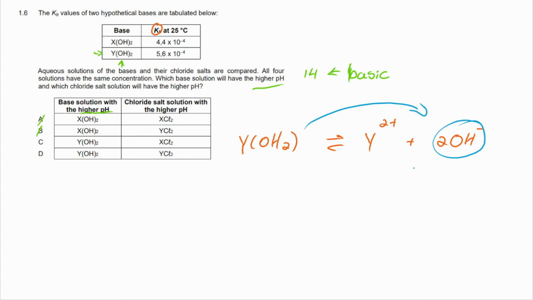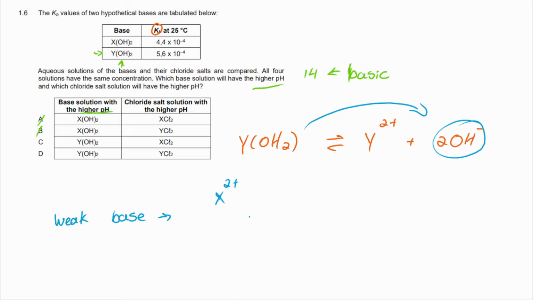But if we look at the chloride salt solution with the higher pH, we know from theory that if we have a weak base, its ions will undergo a hydrolysis reaction. So a weak base, their ions will undergo a hydrolysis reaction. What that means is, for the ions from our X hydroxide, for example, if we look just at X, X is 2 plus.